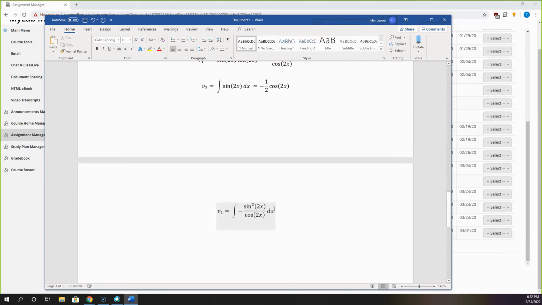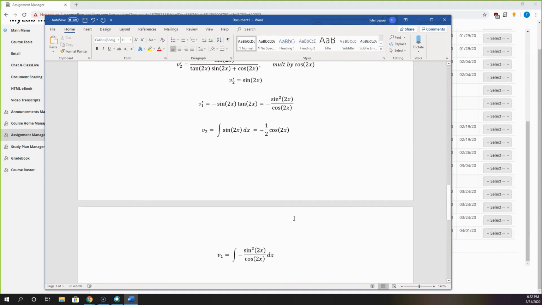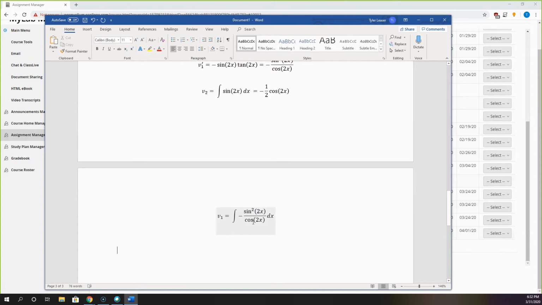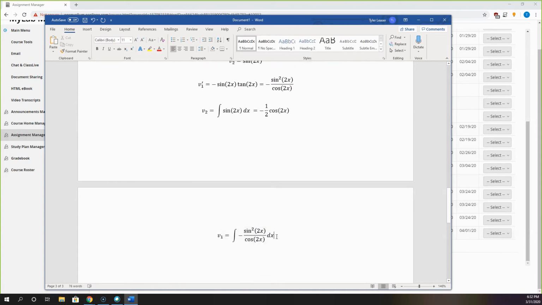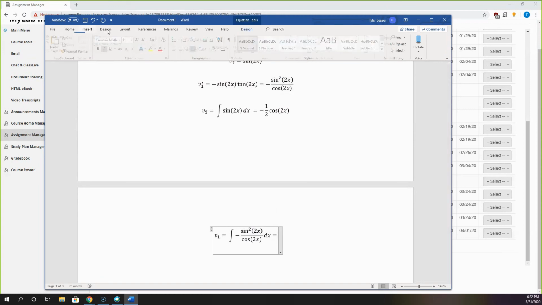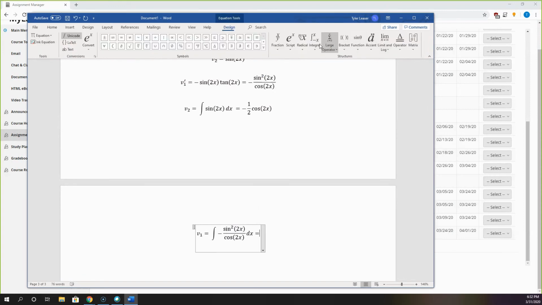Does not look like a U substitution would work here. Could you break it apart into tangent and sine? Yeah, you could. That makes it a little bit easier.